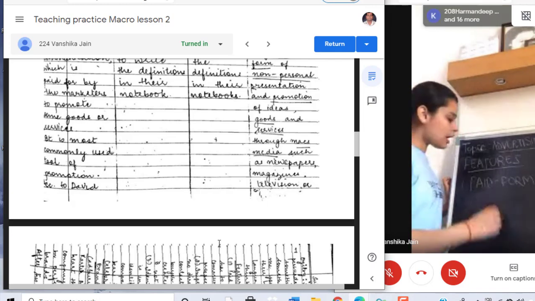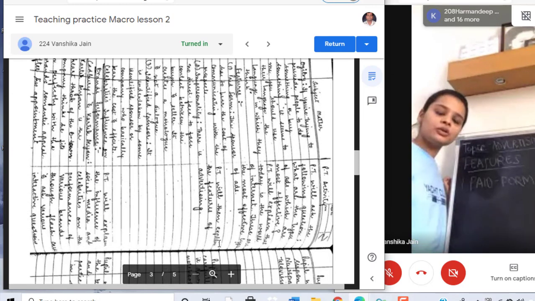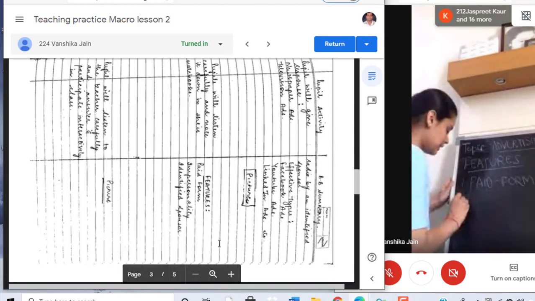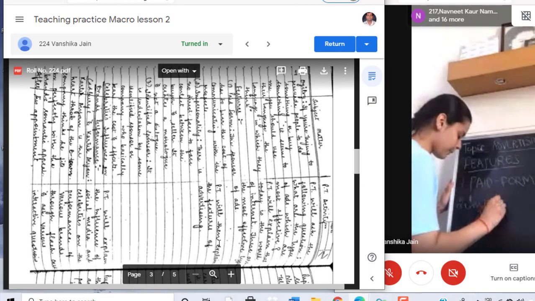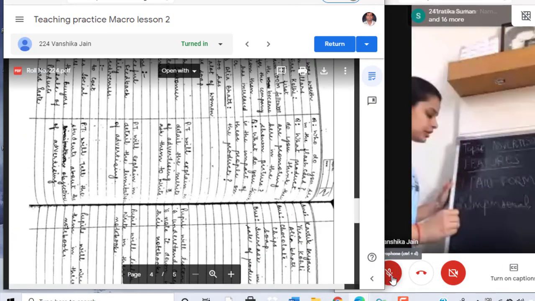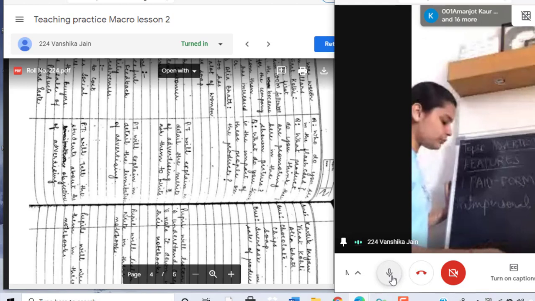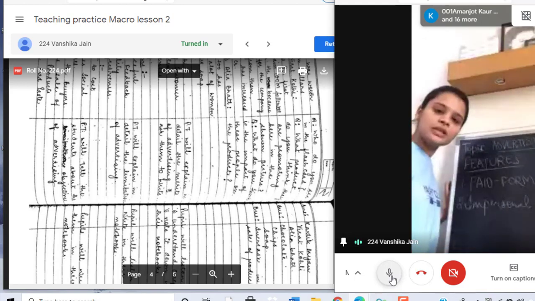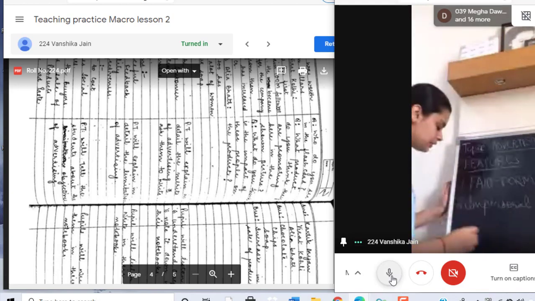That means the company has to bear some cost, some kind of expense in order to advertise their products. Second feature is impersonal. This means that a person is not coming in direct contact or is not promoting face to face their products to the consumers. They are printing it in the newspapers or telecasting in the TV and other media.